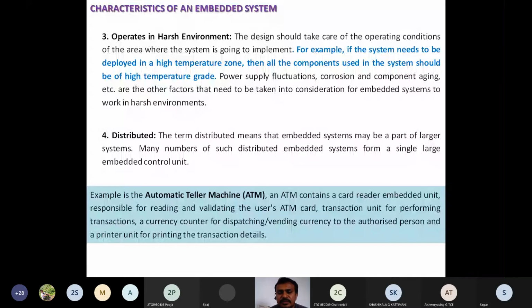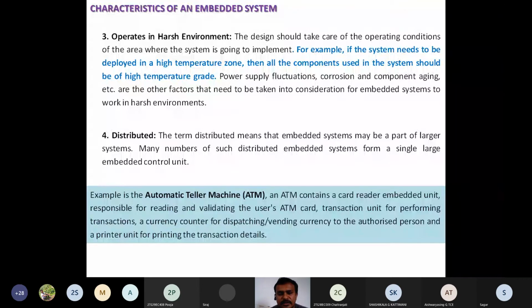Then the transaction is between the ATM machine and the main branch or the server, so the transaction has to happen through electronic media. So that small embedded system is the transaction unit.